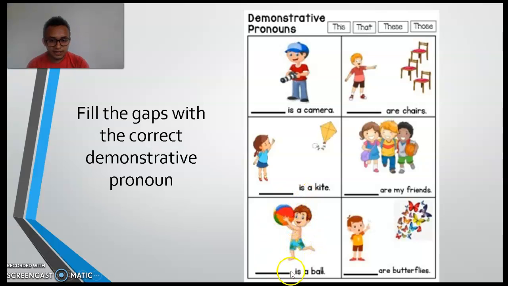Now this guy has a ball, and obviously we're going to use this because he has the ball in his hand. Now right here we're going to use those because there are so many butterflies, more than two, and of course it is in plural.